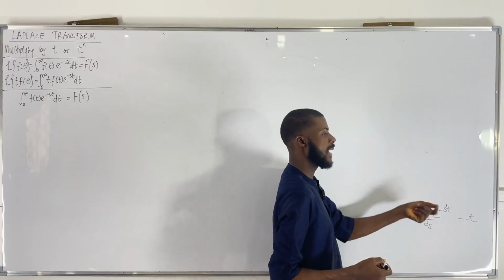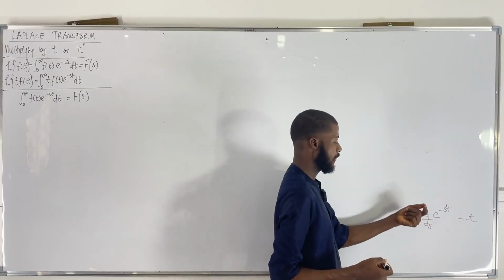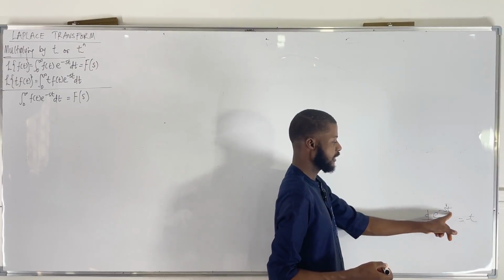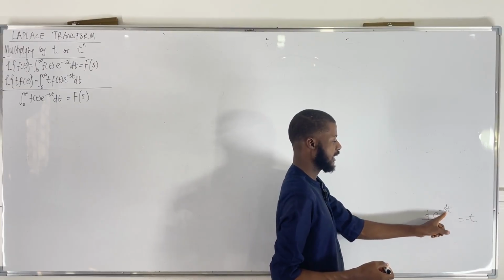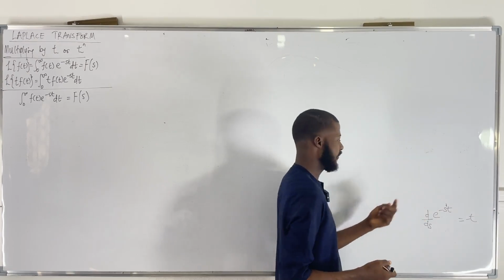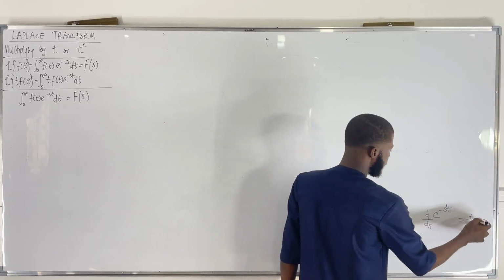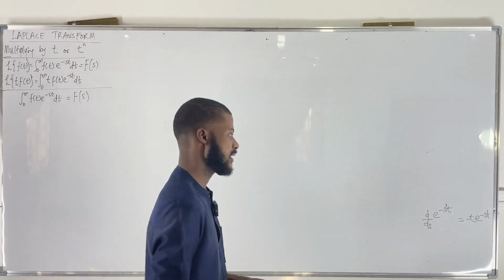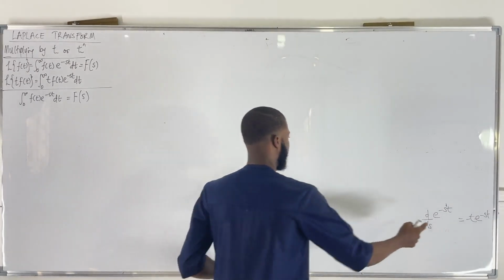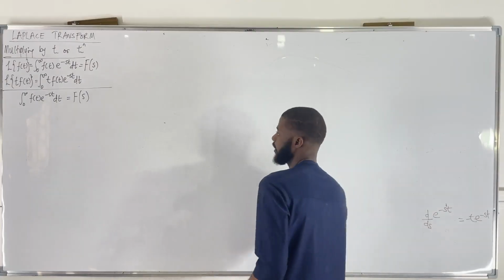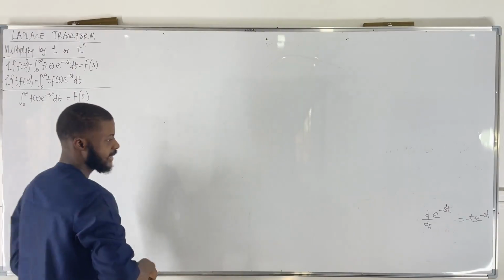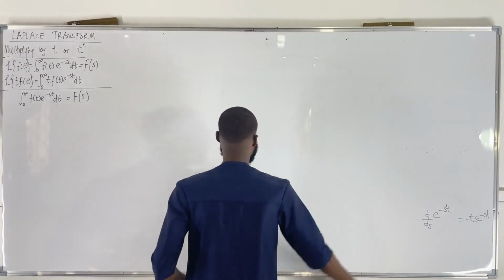When I apply the laws of differentiation, the t is a constant multiple, and then s will give us 1 when we differentiate. So this will become minus t e to negative st. This means my t can come outside. All I have to do is to differentiate both sides with respect to s.